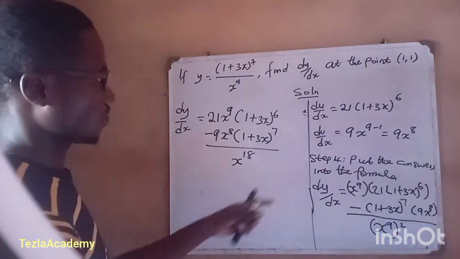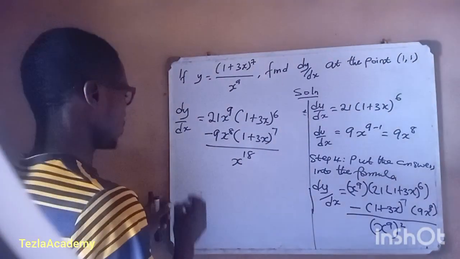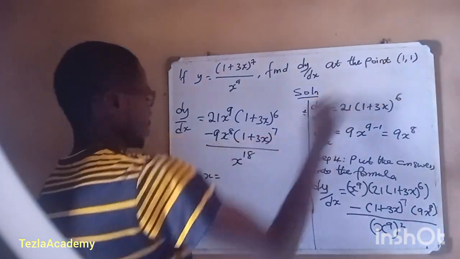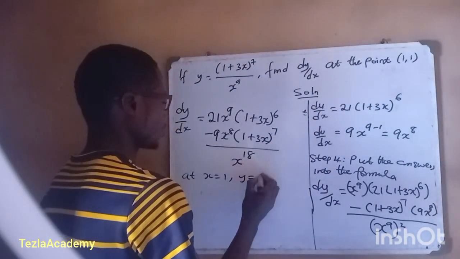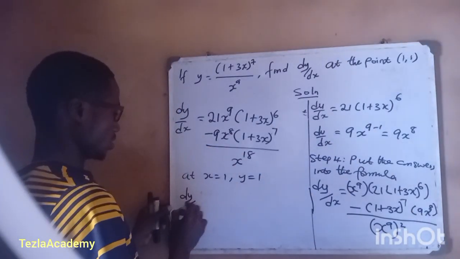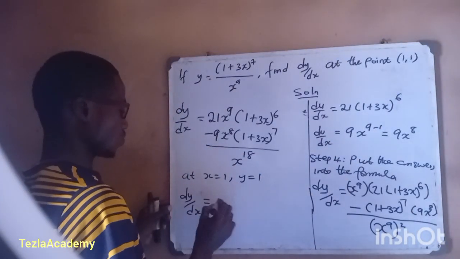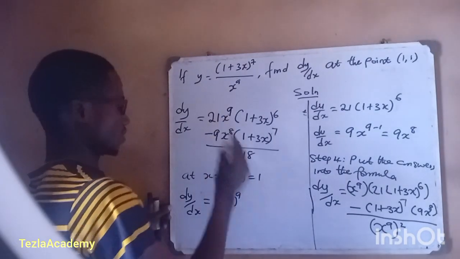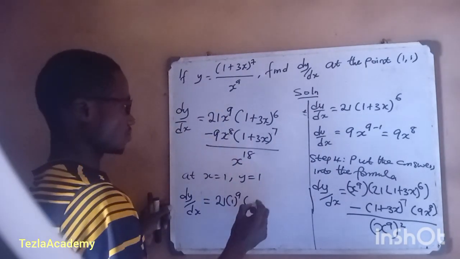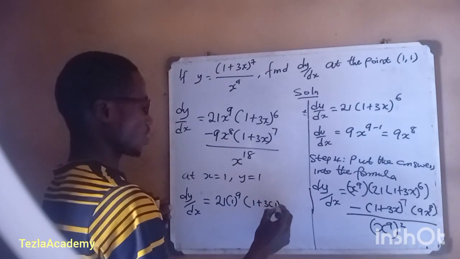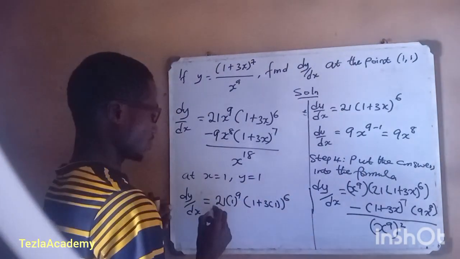Just go ahead and put in the values you are given, 1 and 1. So at x equals 1, that's the first one, and y equals 1, the second value. Then our dy/dx is equal to 21 (1 raised to power 9), that's our x is 1, then times (1 plus 3 times 1) all raised to power 6.